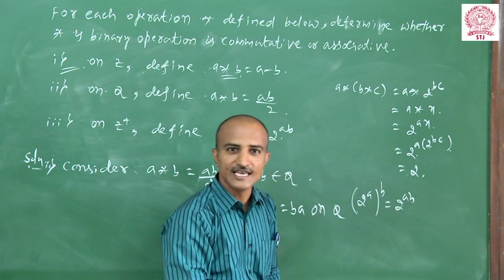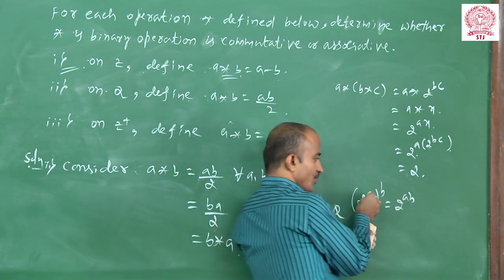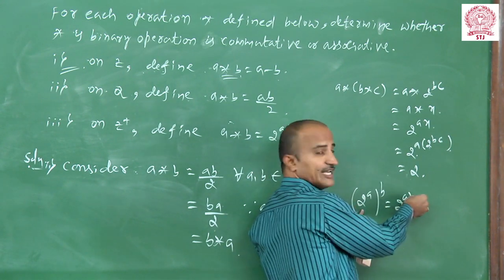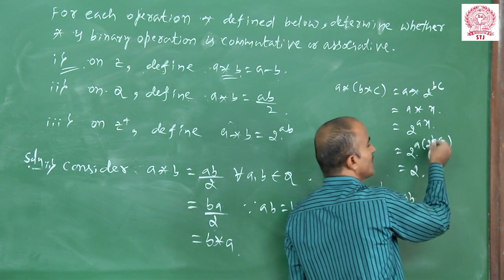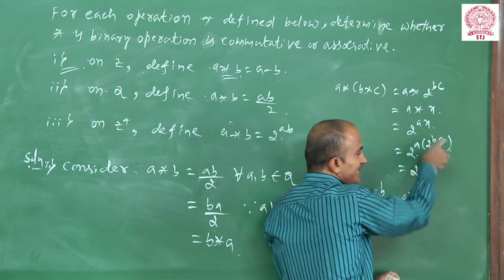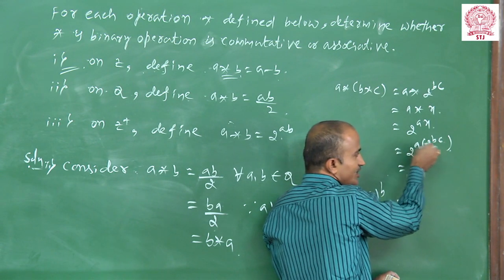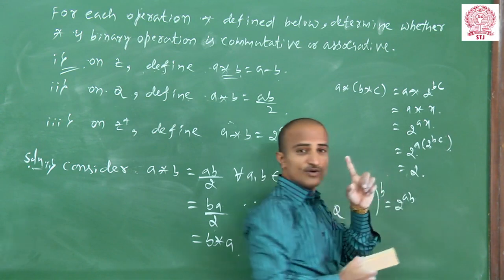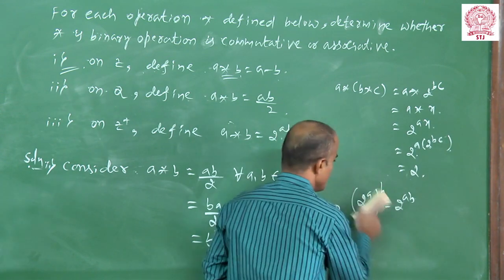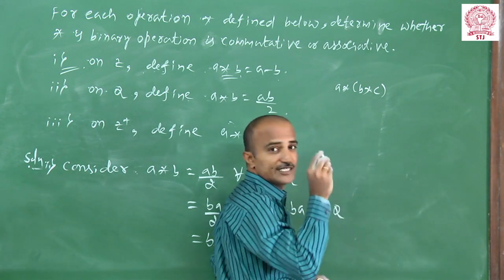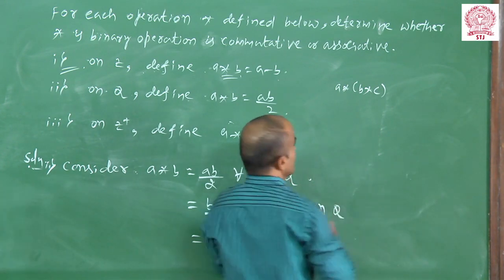Here it is 2 power A, 2 power BC, multiplying with what? Only these two elements, not with that one. So for that it is better to take a counter example. Then it is easy for you to say whether star is associative or not.